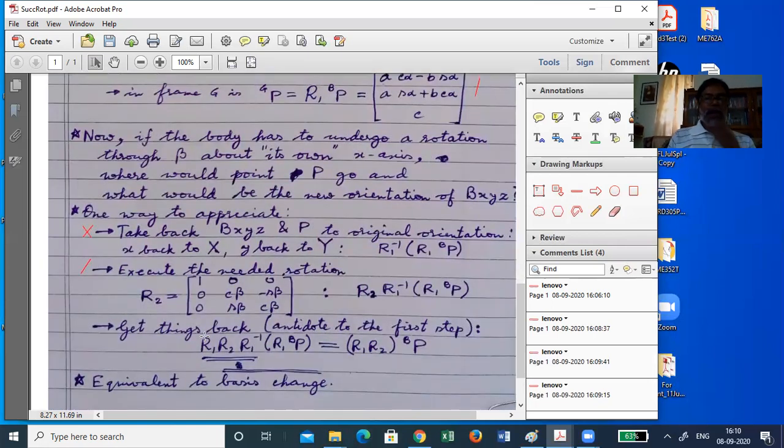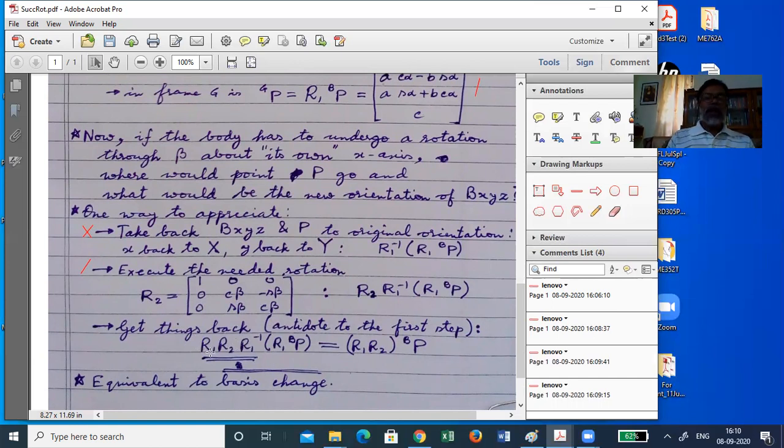Okay. So now you see, this underlined thing here is basically a rotation R2 as seen in the R1 basis. So this is standard linear algebra stuff of basis change.